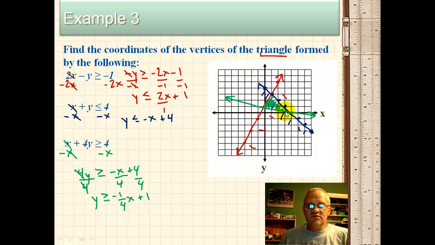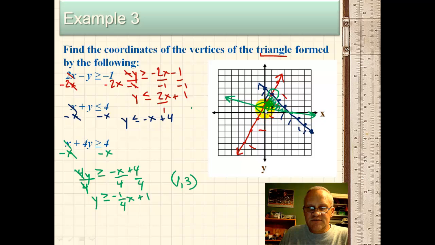So all that we have to do then is tell what the vertices are, or what the x and y coordinates are at the corners of the triangle. So our first corner, that right there is 1. So 1 for x, and then 1, 2, 3 for y. So we have 1, 3. The second one is right here.